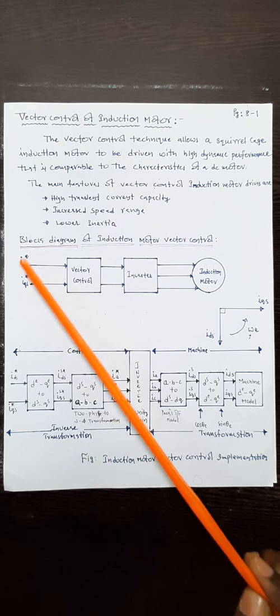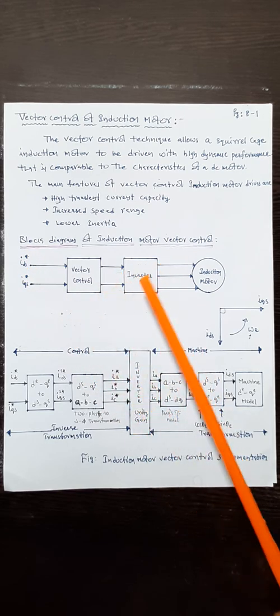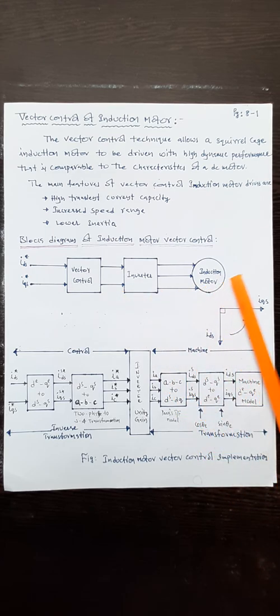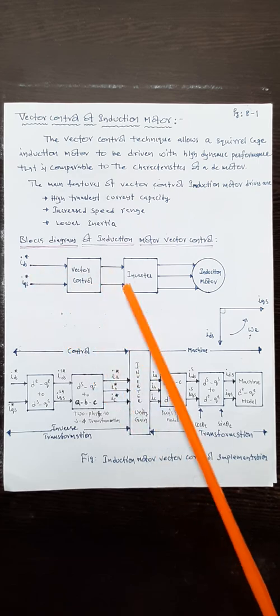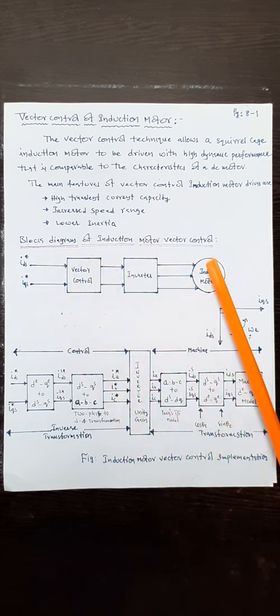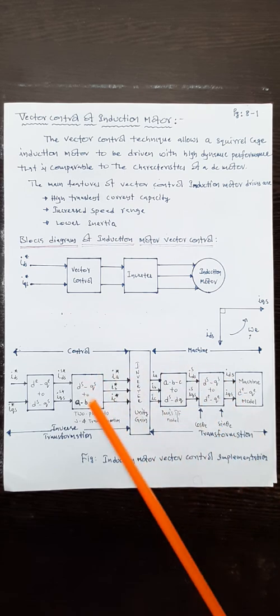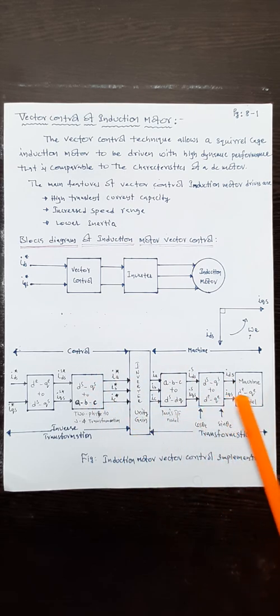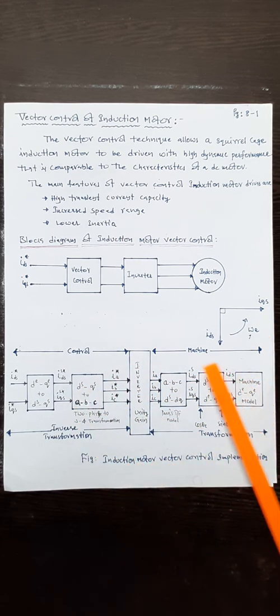These reference signals are processed through vector control through the inverter, and the induction motor speed is controlled. This block diagram is to be implemented in the generalized case, with each and every component represented. See this induction motor vector control implementation diagram.